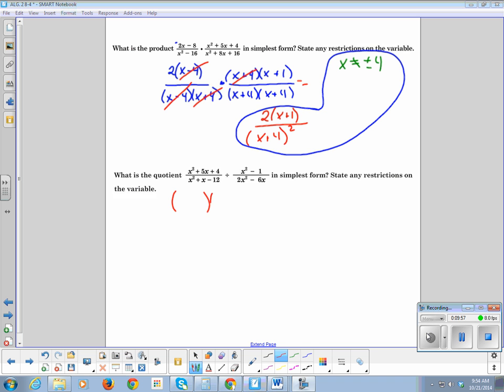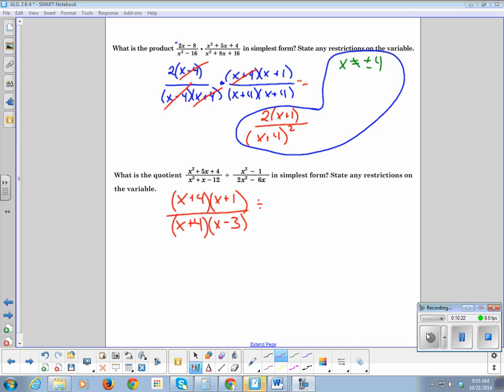And you know this is my favorite part. I love factoring. So x squared plus 5x plus 4 is the same as x plus 4 times x plus 1. x squared plus x minus 12: two numbers that multiply to give you negative 12 and add to give you 1. 4 and negative 3. Yeah, good job.